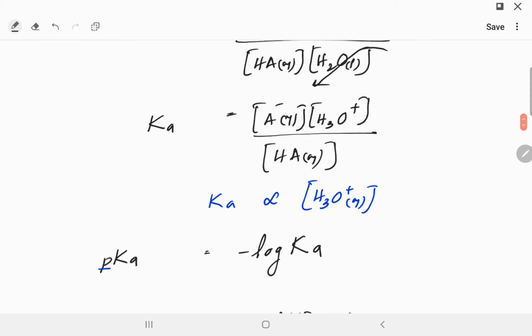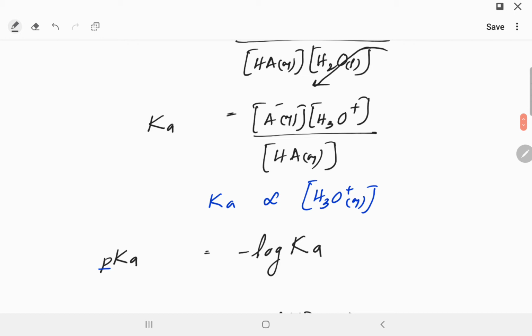Here we are taking the logarithmic value, not just logarithmic, we are using the negative log value of Ka. By doing that, we are contracting the scale for Ka, and not only that, we are inverting the Ka scale.